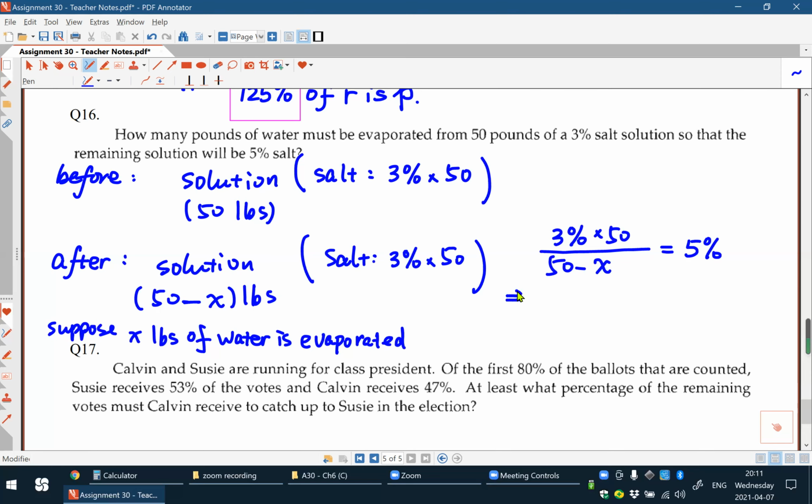Okay, so from this equation, we can solve that 1.5 equals 2.5 minus 5% of X. Okay, that means 0.05 X equals 1, which means X equals 20 pounds.